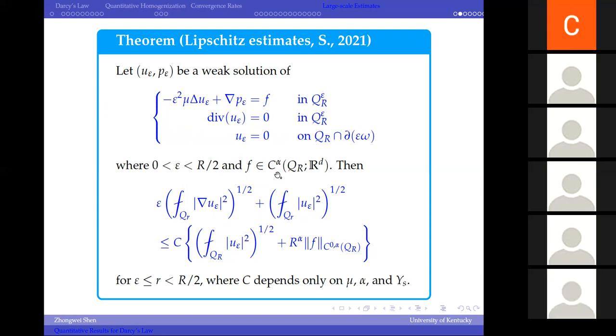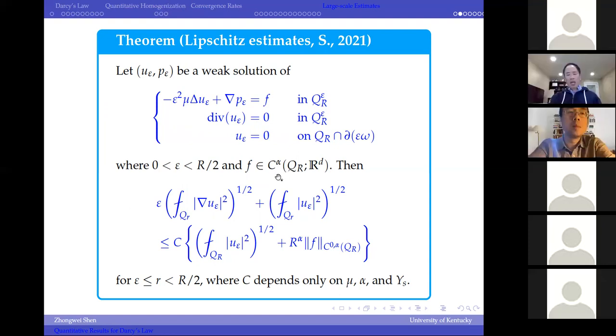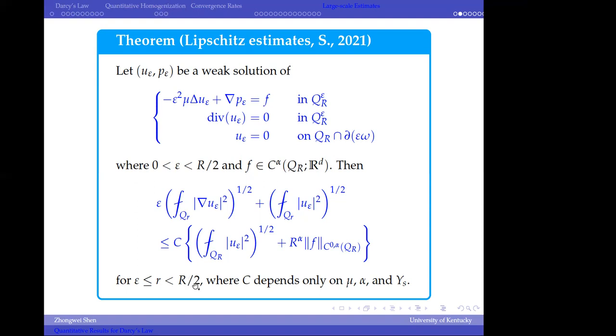So F is in C alpha for some positive alpha. And then we can show that you take a cube of size small r between epsilon and capital R over 2. We cannot go below epsilon; that would be a local estimate. So this is a large-scale estimate for r greater or equal to epsilon.